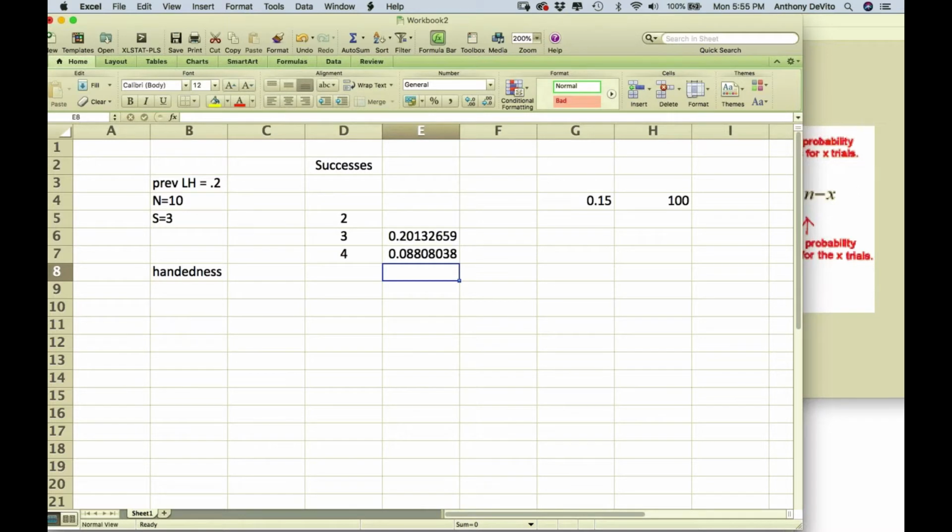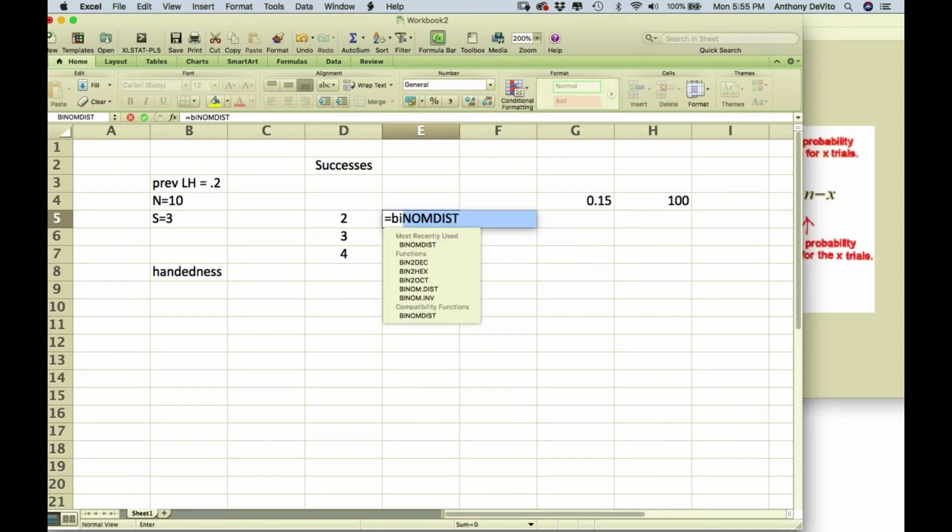Okay, the probability is much lower. It's only 9% that we would get 4 out of 10, right? Because there's only a 20% chance of anybody happening to be left-handed. How about 2? Binomial Dist, parentheses, and now I'm going to do 2, comma, 10 trials, comma, 0.2, comma, false.